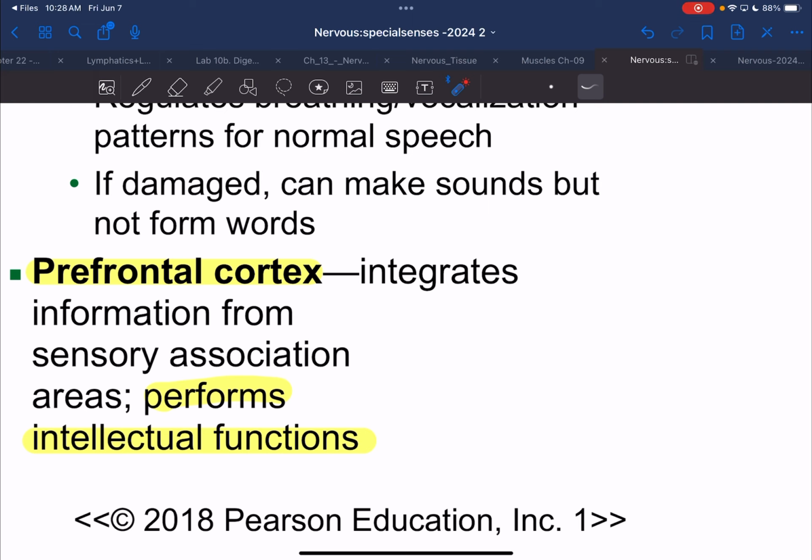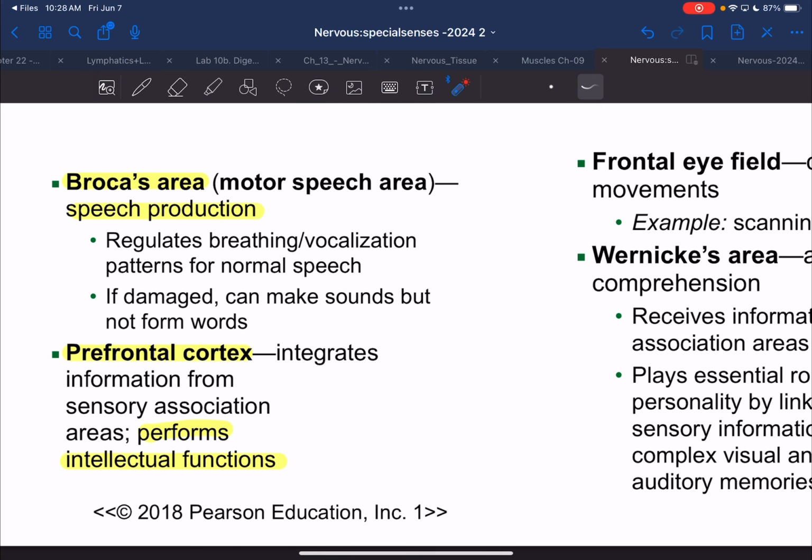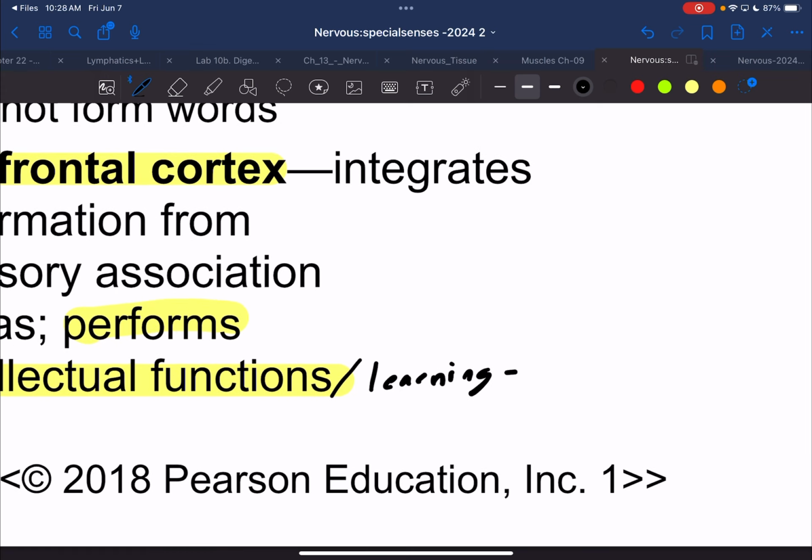As you see this PowerPoint and hear my voice, you are using vision and auditory senses to figure out what in the world I'm talking about, what these slides are saying, what's the take home. Your learning regions are there. So we can perform intellectual functions such as learning and problem solving. Usually most things can be summed up in learning, problem solving.